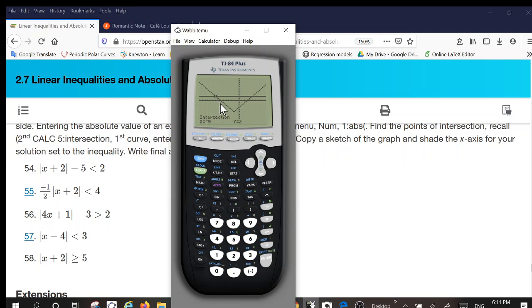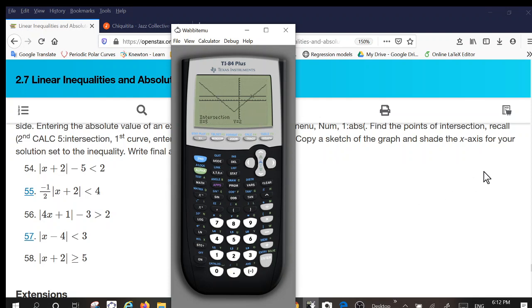What's the other one? We do it again, and when asked for a guess, I press the right arrow and press enter. So it's 5. This number is negative 9 and this number is 5.